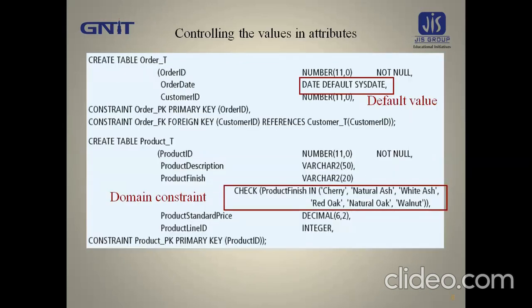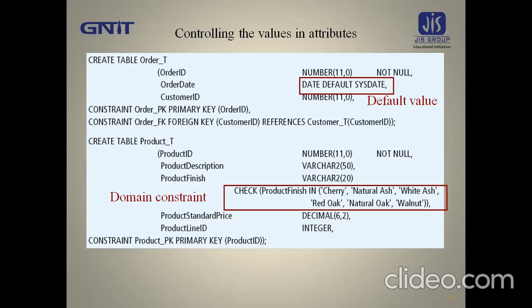Now here is how we can control the values, that is the range of values or the data type of values in attributes. Suppose for the table Order_T, we have order date as one attribute.